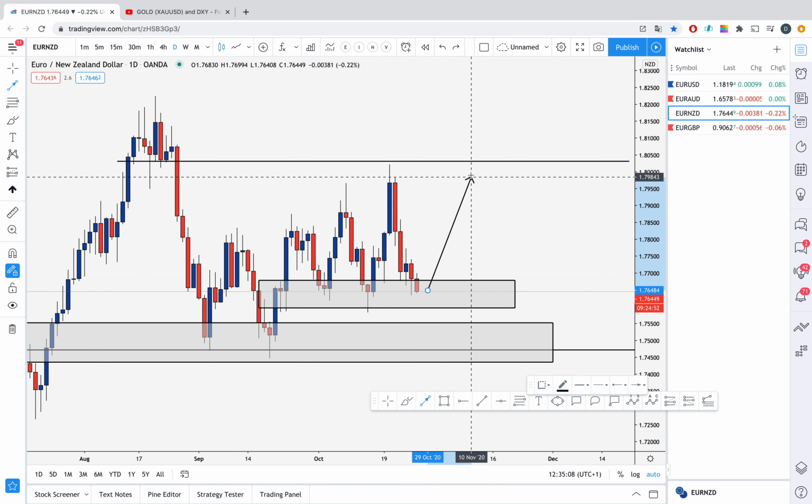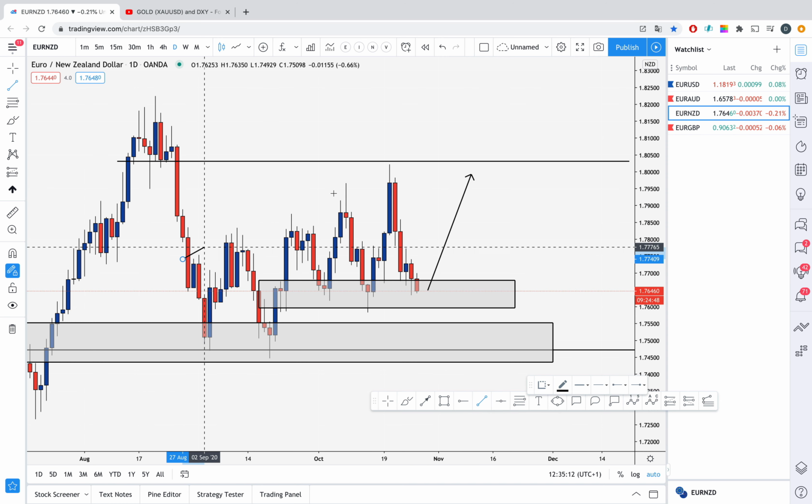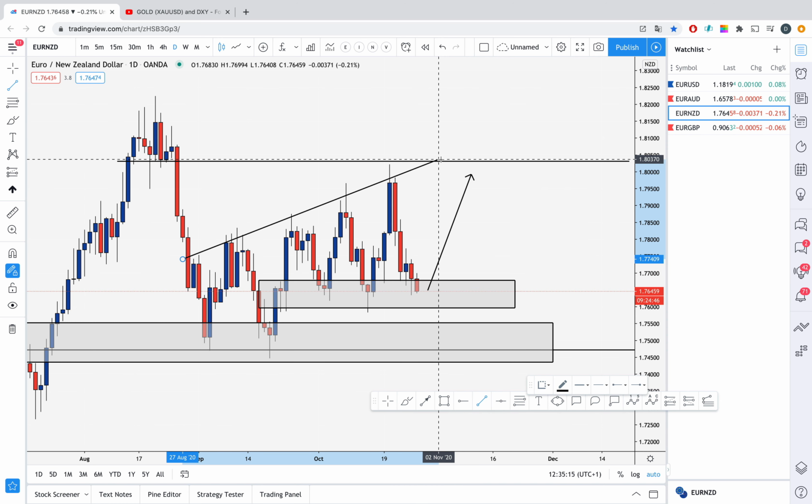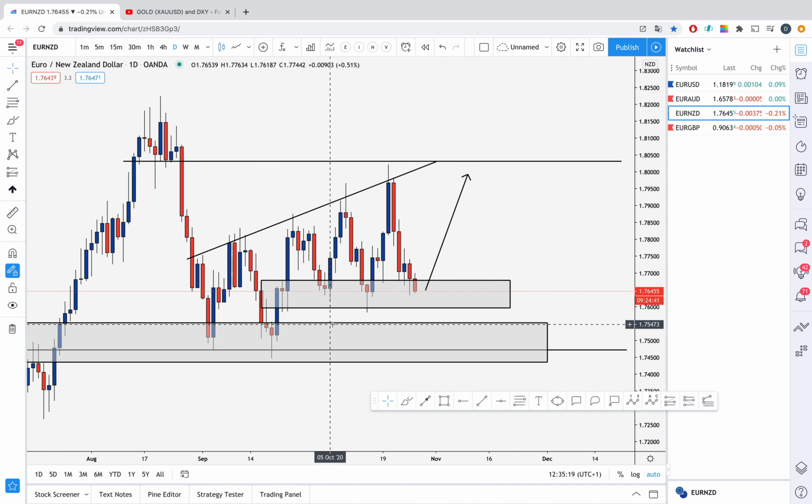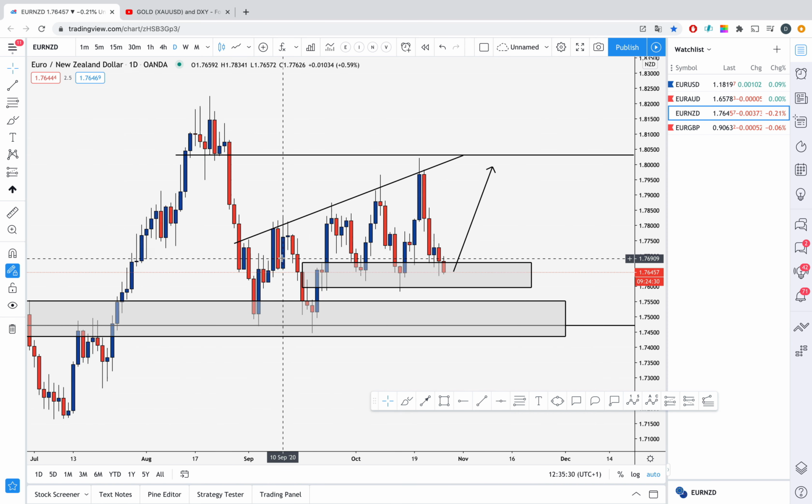I'm trying to buy it again to the upside, and if we look at the Commitment of Traders data, then we also know that hedge funds and big players are simply buying the euro. So we got very good opportunities for a long also on EURNZD.